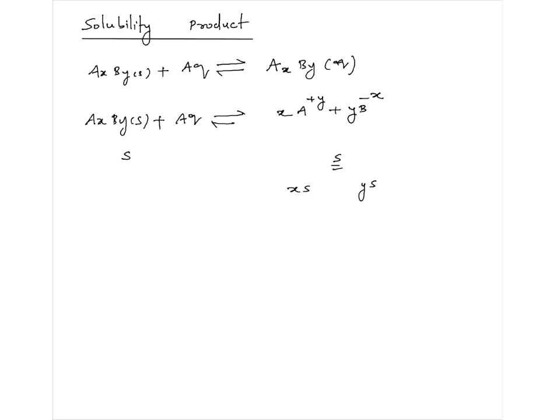But here I am using the mole concept, so I have to use molarity. If it is gram per liter, then one has to be careful. You can't linearly apply gram everywhere. So here when I write XS by S, it is molarity. S is in mole per liter.